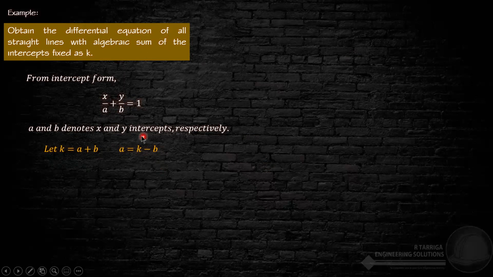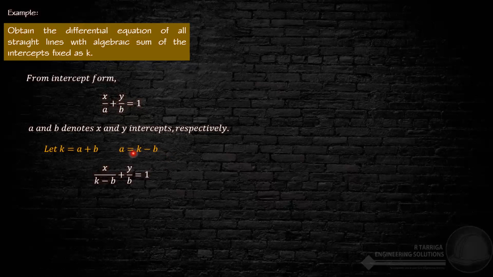And as much as possible, the arbitrary constants should be eliminated in a differential equation. So a and b are constants here, and a is equal to k minus b. So what else? Here it is.